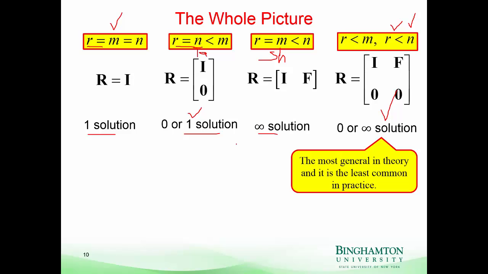Now, interestingly, it's this right-hand side that's kind of the most interesting in general, but it's the least common in practice, as I just said. When we're designing circuits and things, we can count on our KVLs and KCLs to end up like that. But in other engineering applications that aren't held to such strong constraints like KVL and KCL, we may end up with any one of these scenarios.